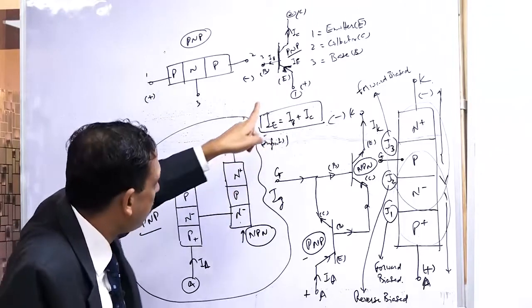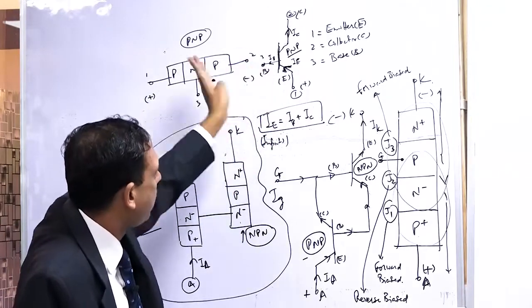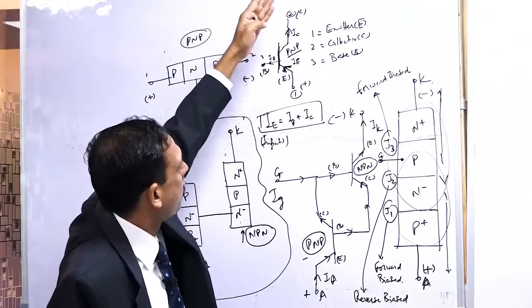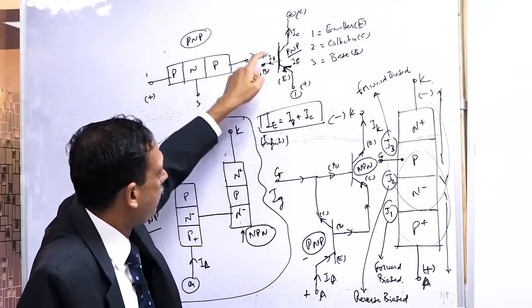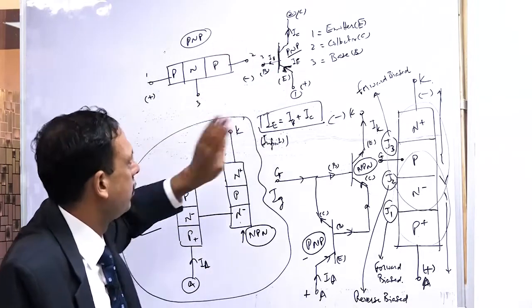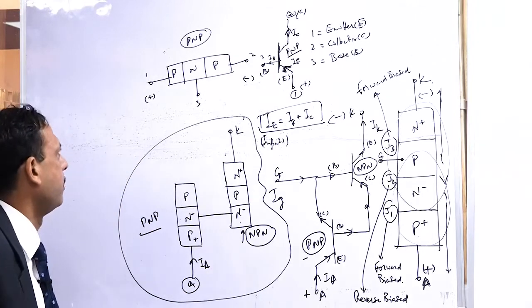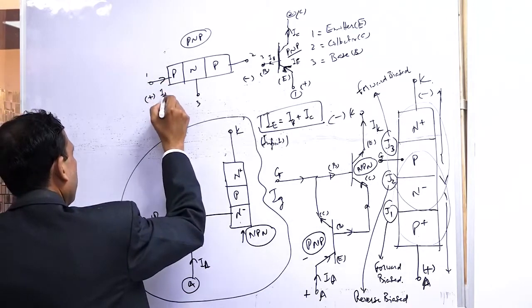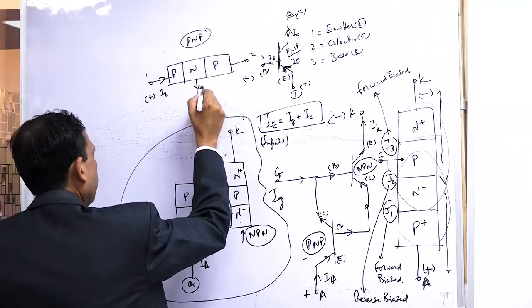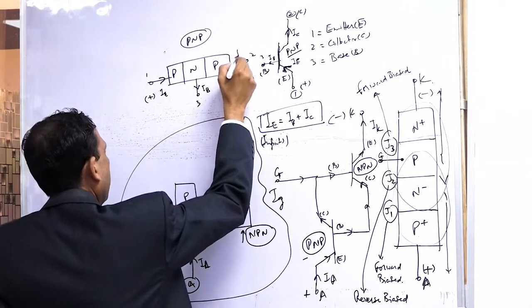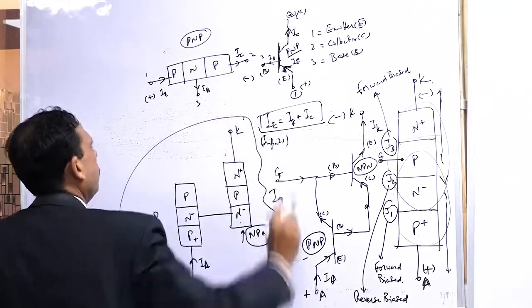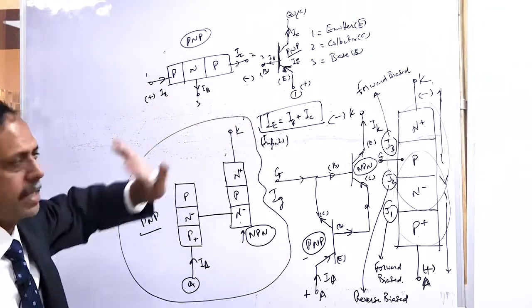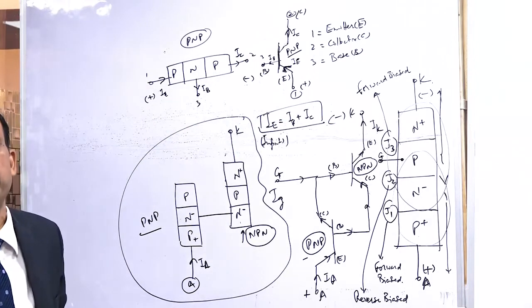And once the emitter current is going inside, the other two currents will be coming out. So the collector current will be shown like this and the base current will be going like this. Is it clear to everyone? PNP transistor. Current is going here, this is the emitter current. Base current is going out and collector current is going out. This is the understanding of PNP. Is it clear to everyone?